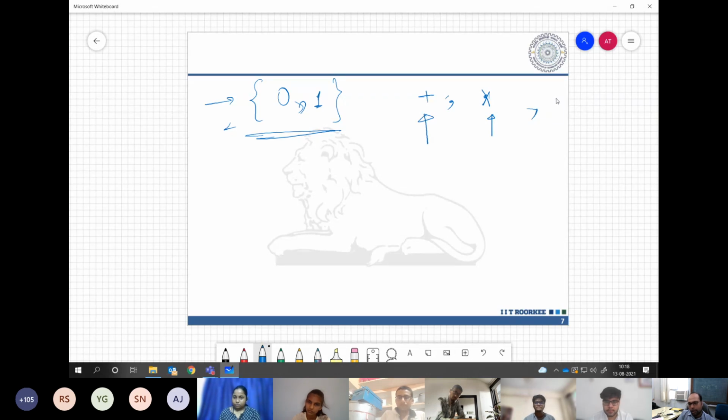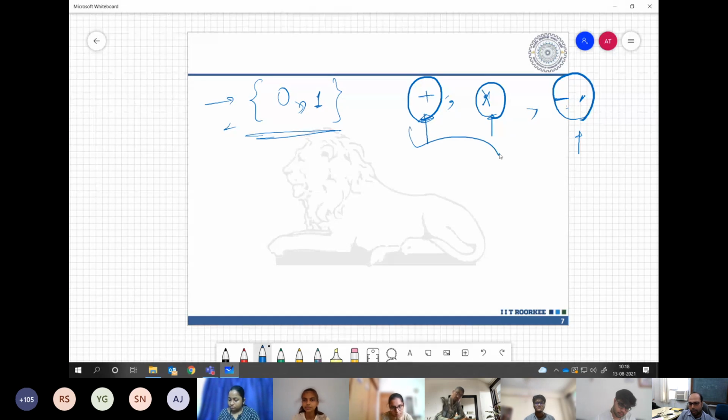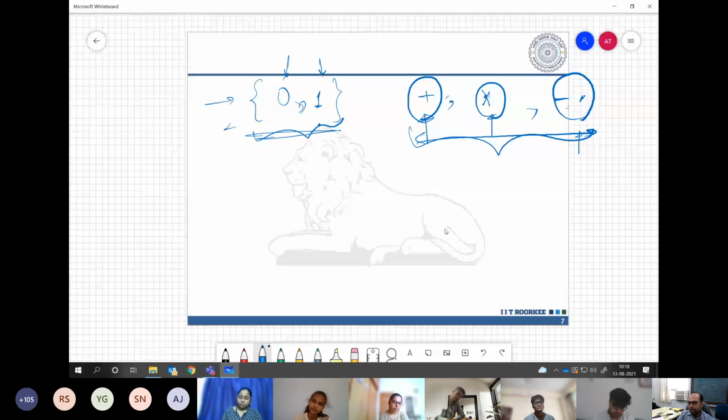That means only one variable is operated with that sign. You can indicate it either by a bar or a prime; this is optional. So it is either a multiple-input operation or a single-input operation. So it is a combination of these two values and these three operations. That's all. That is what the complete Boolean algebra is.